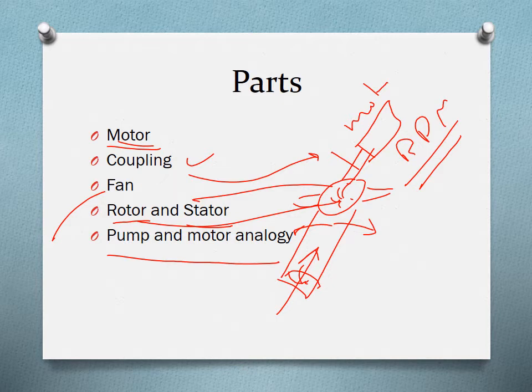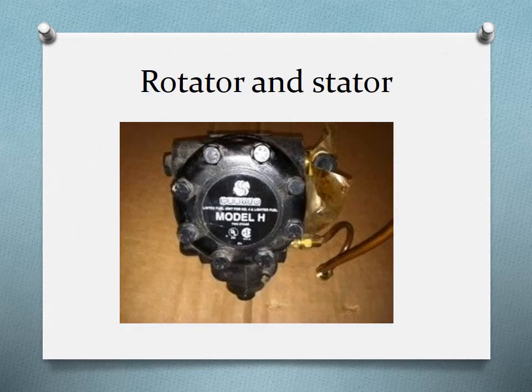In the motor, we have the stator, which does not move, and we have the rotor inside that turns by electromagnetic forces. The turning power goes through the shaft, and the shaft turns the impeller in here, and that will push the water around. So it's good to know what those little parts in the pump are.